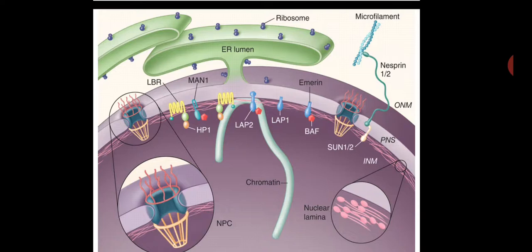So how many nuclei are there in one cell? In general, there is one nucleus per cell, but in some special cells there are two nuclei, or more than two nuclei. For example, liver cells and tapetal cells, the tapetum.